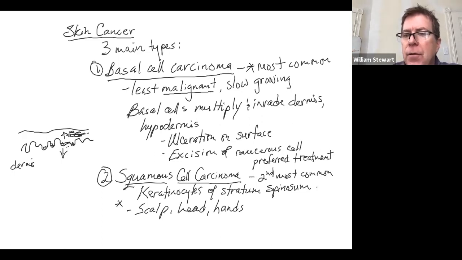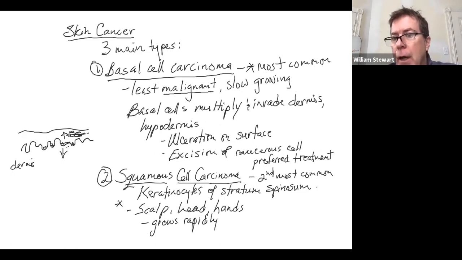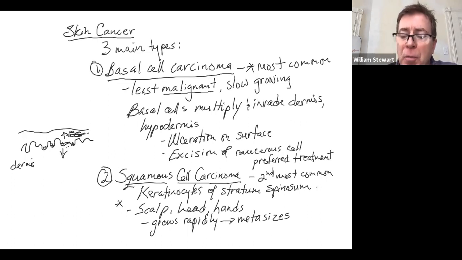This cancer, unlike basal cell carcinoma, grows very rapidly. It is not slow growing. It also has a tendency to metastasize. Metastasizes just means spreads to other parts of the body.